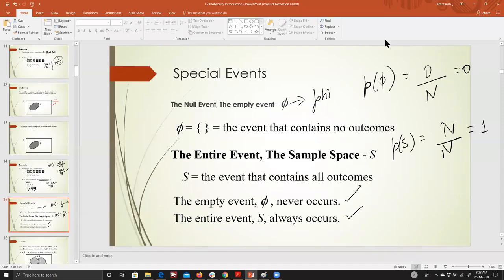Any problem, you can ask me right now. Can you please explain again? Okay, what is phi? Phi is the event that contains no outcomes, meaning zero outcomes. So how do you calculate probability?